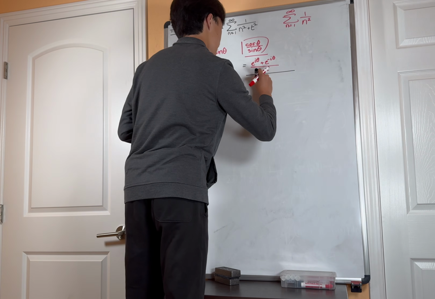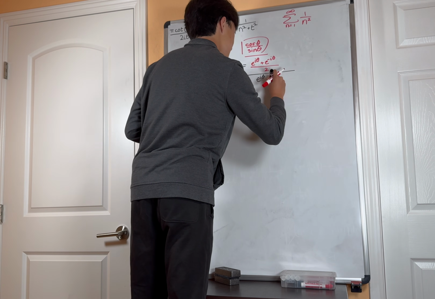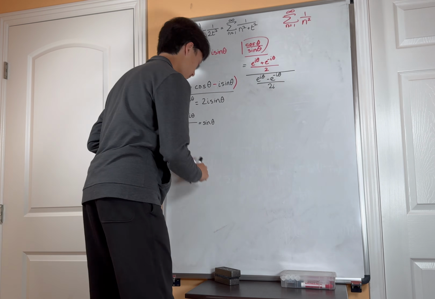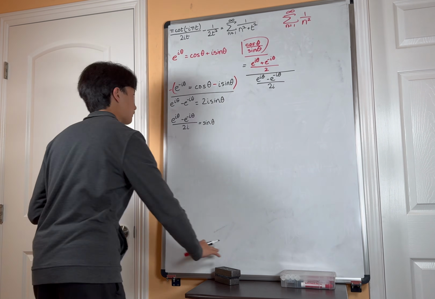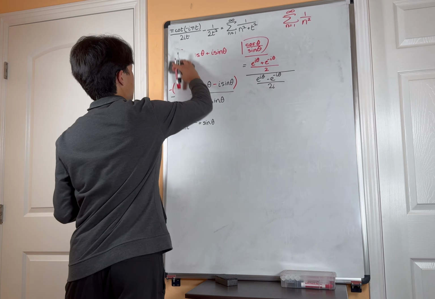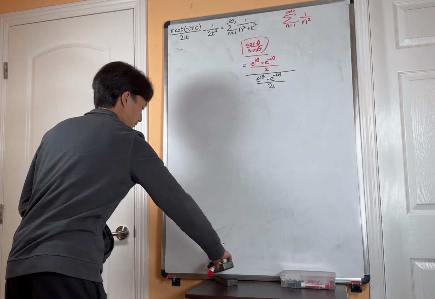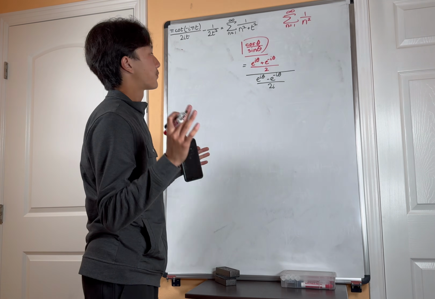So e to the i theta minus e to the negative i theta over 2i. Okay, I'm going to get rid of this now, because all we're really dealing with is that, right? Okay, what can we do?